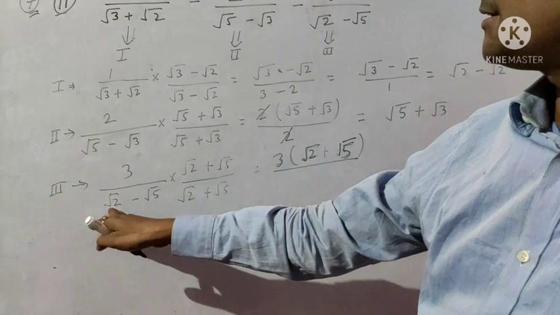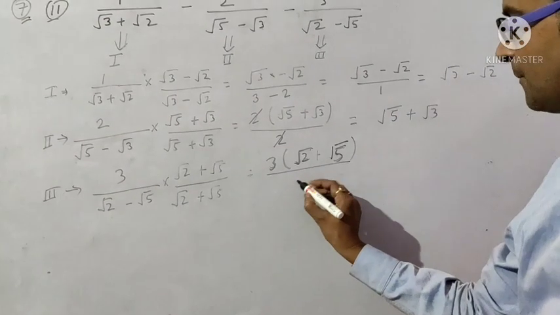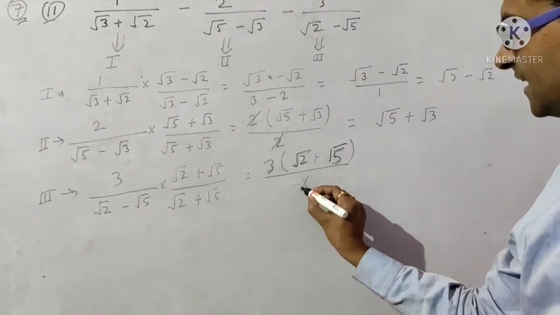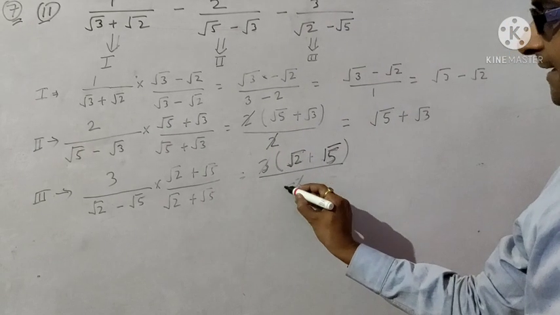So root 2 square is 2 and root 5 square is 5. That means 2 minus 5 is minus 3. So 3 and 3 are cancelled. But here is the negative sign.